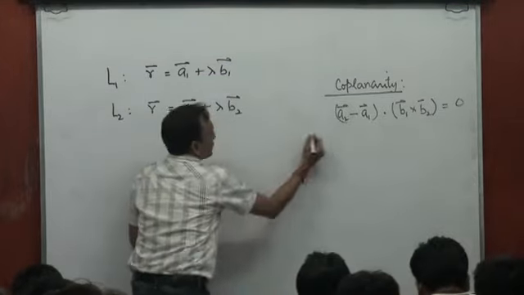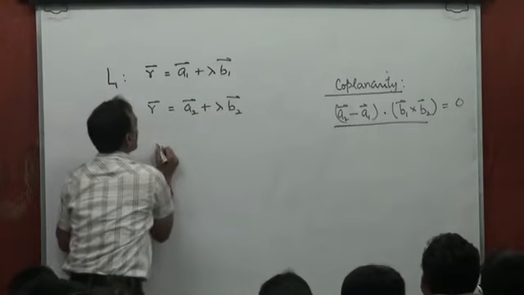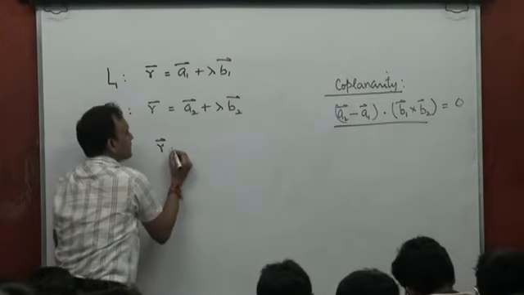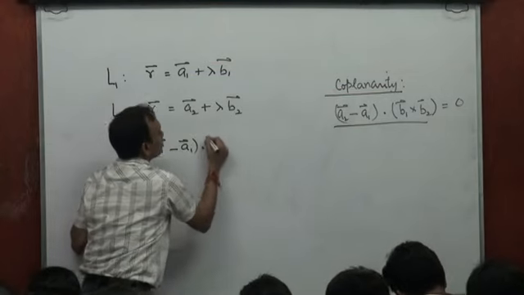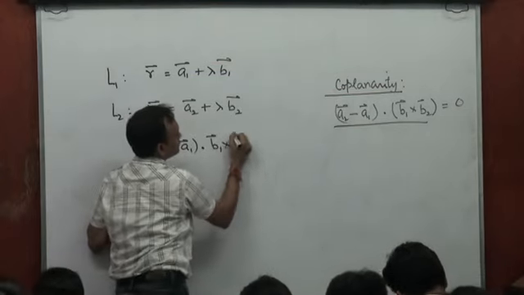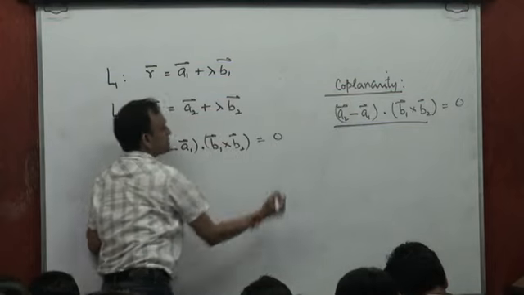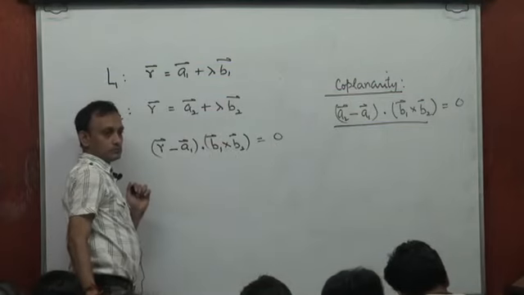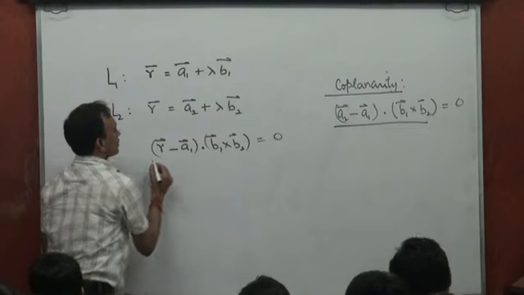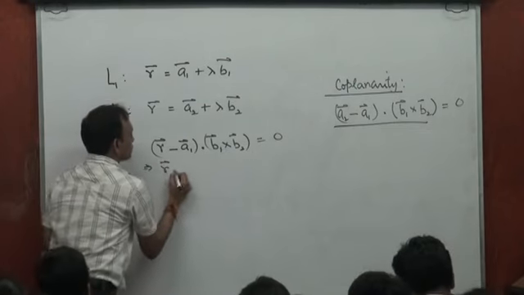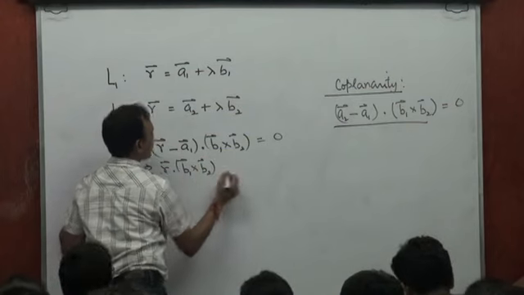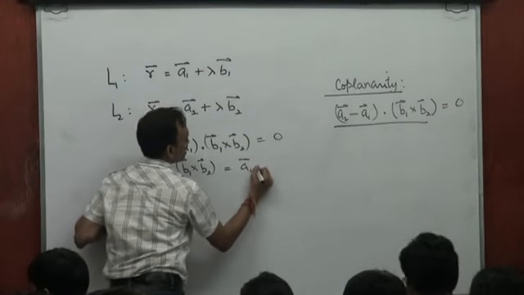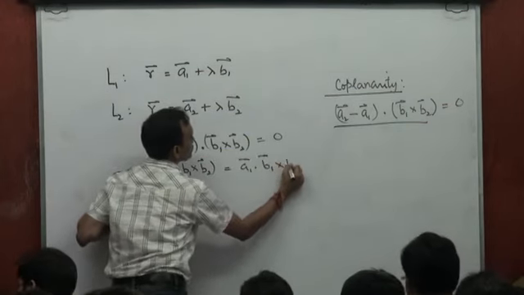So if this condition is met, and if r is the position vector of any point in the plane, then (r minus a1) dot (b1 cross b2) must be 0, or r dot (b1 cross b2) must be a1 dot (b1 cross b2).